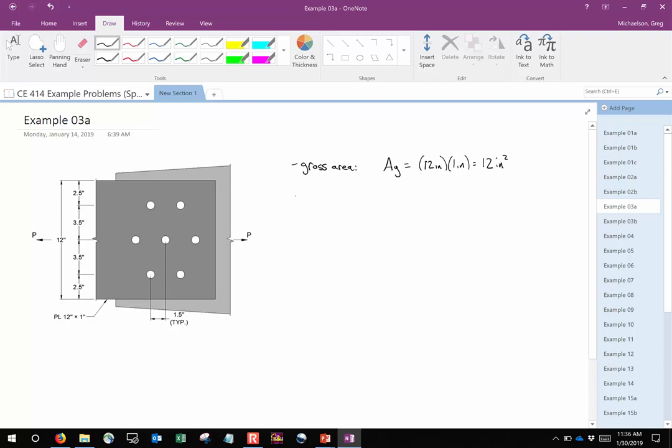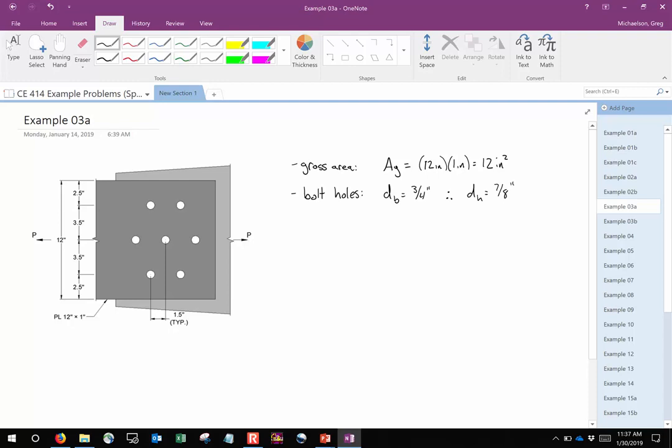The bolt holes, so we have a bolt diameter of 3/4 of an inch. So what's the hole diameter? There we go. Okay.